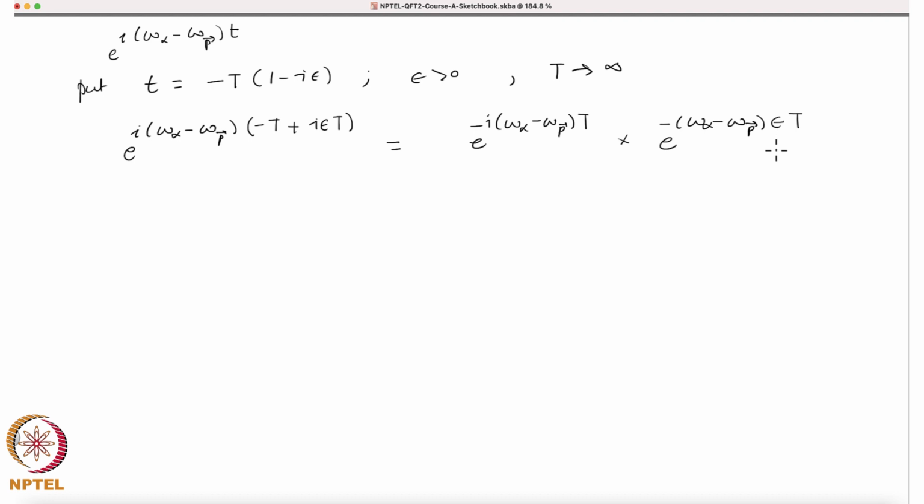Because epsilon is positive, T is positive, omega alpha minus omega p is also positive, and that's crucial. So this entire thing here is positive except for the minus sign. So it's an exponential of a large negative number, which is a very small number. So in the limit capital T goes to infinity, this exponential goes to 0. So this damps out, or rather kills, the contributions coming from multi-particle states.